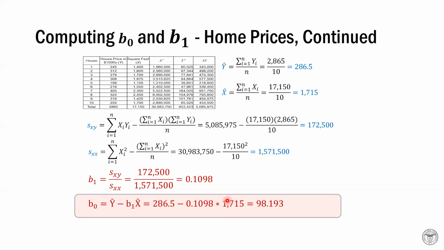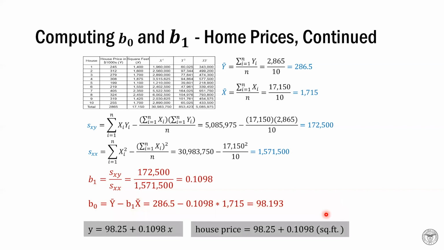And b_0 is equal to y bar minus b_1 times x bar, which equals 286.5 minus 0.1098 times 1,715, equal to 98.193. Therefore, we obtain the linear regression model, which is given by y equals 98.25 plus 0.1098 times x.